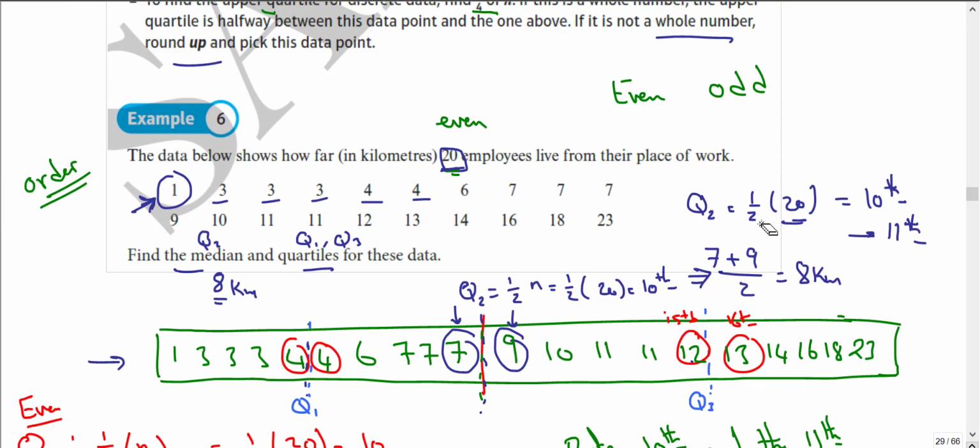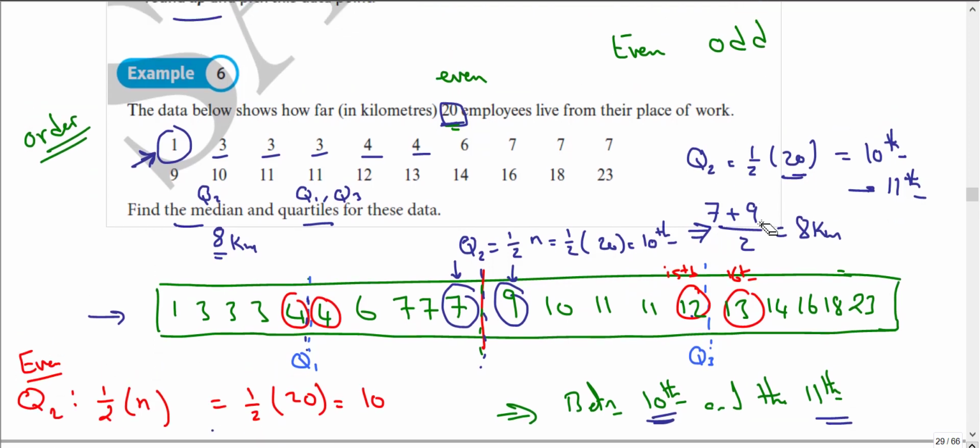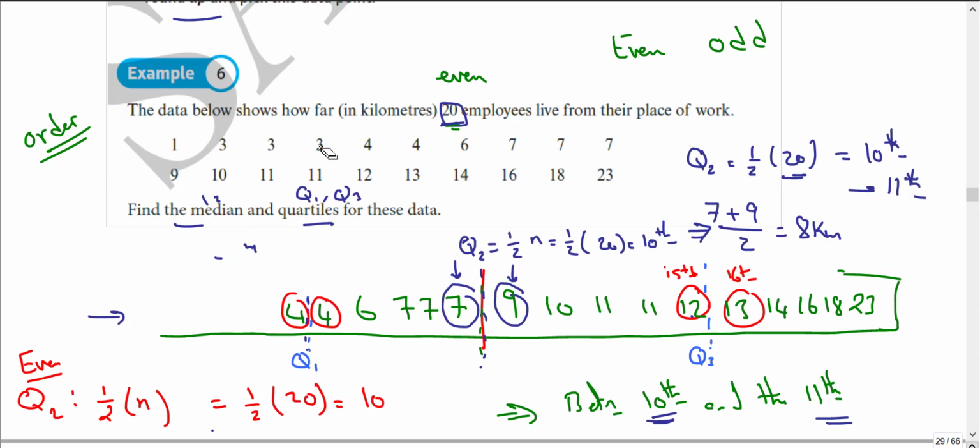Let's do an example here. I'm going to erase this and do it all over again.